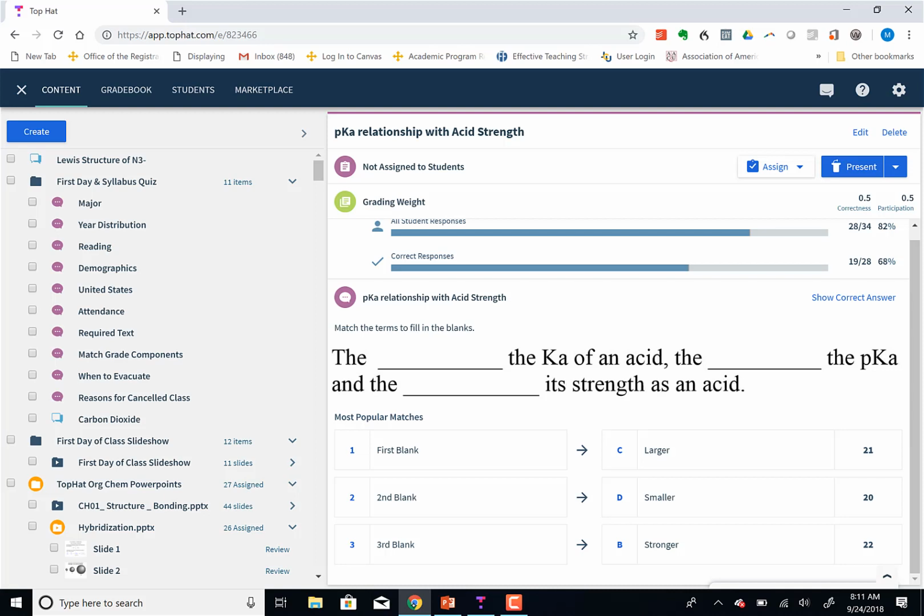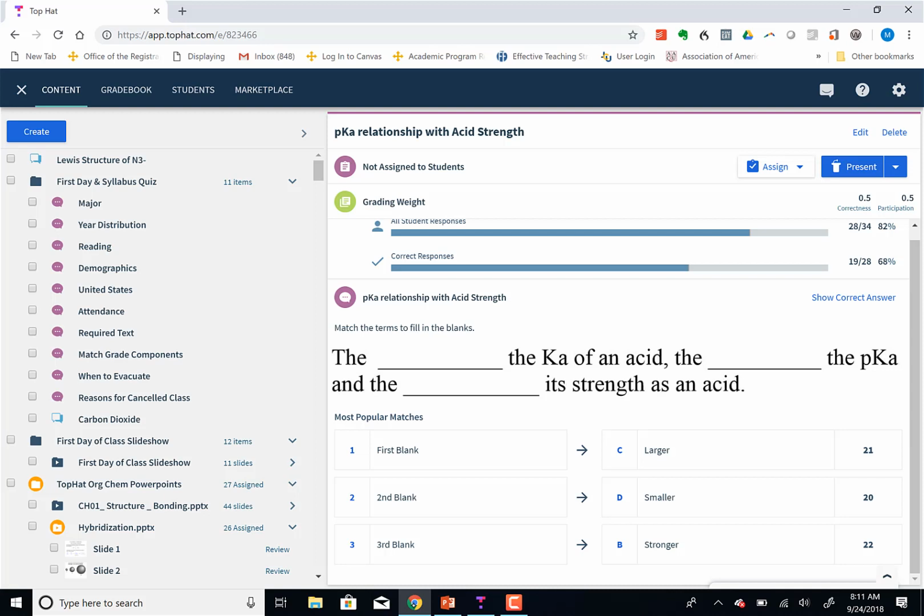And then for the third blank, the stronger its strength as an acid. So you could have also said the smaller the Ka, the larger the pKa, and the weaker the acid. But our key thing here is we're going to be dealing in pKa's, so the smaller the pKa, the stronger it is as an acid.